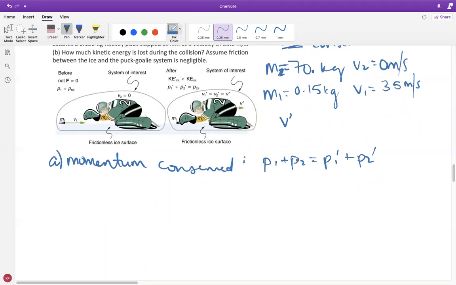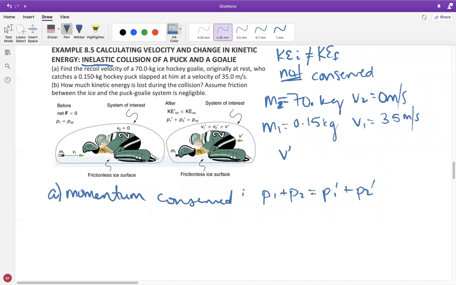Now, we do know that our second velocity, the initial velocity for our hockey player, is 0 meters per second. So this P2 is actually 0.